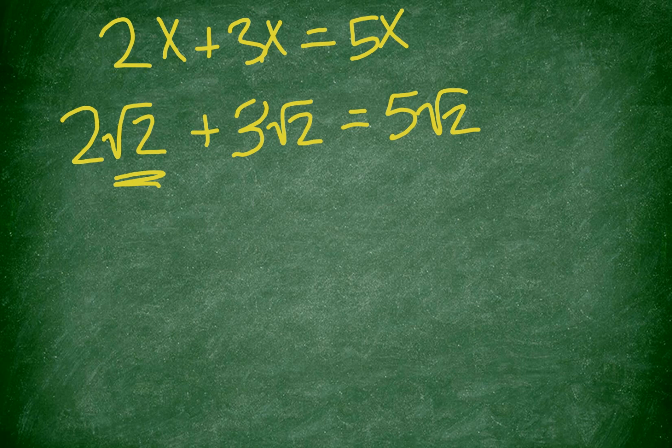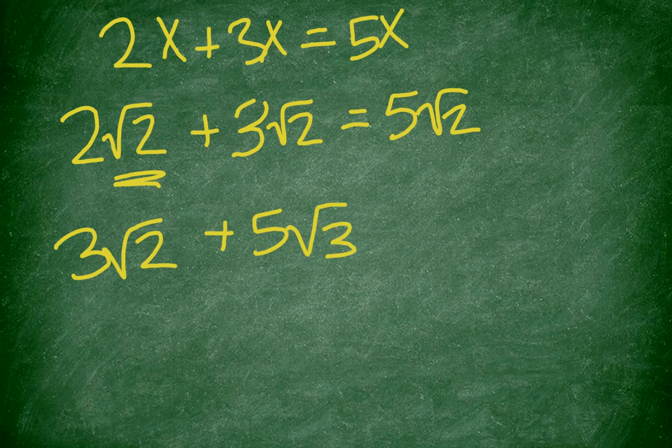What if I have something like this? 3 square root 2 plus 5 square root 3. Okay, so let's think of it in terms of writing it as an equation with variables instead, where square root of 2 is represented by x, and the square root of 3 is represented by a y.